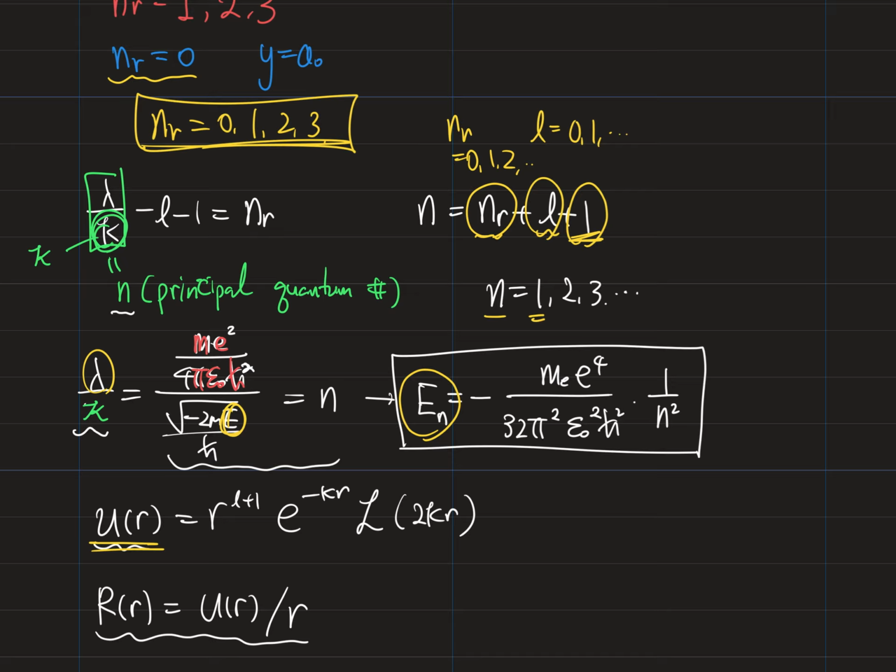We defined the function U as the multiplication of the capital R with variable r. So now we are reversing that process, and you are going to divide this function by r. So r to the l, exponential kappa r, and Laguerre function here. So actually there is no k in this derivation. All the k looks like is actually kappa. So please excuse my wrong explanation.